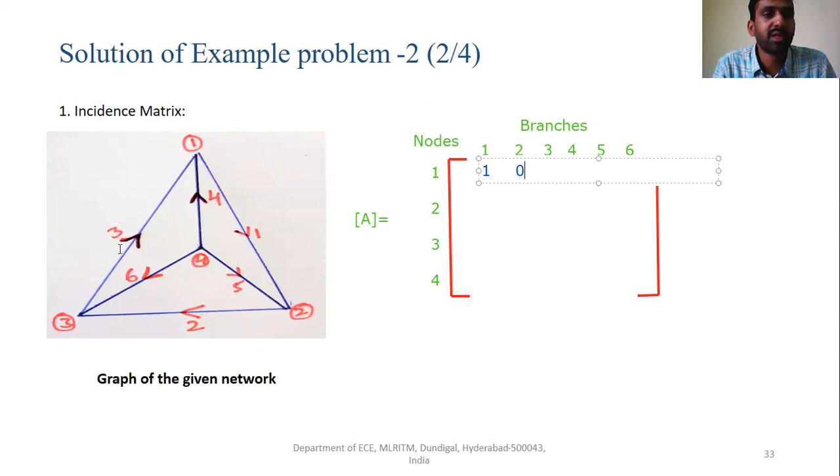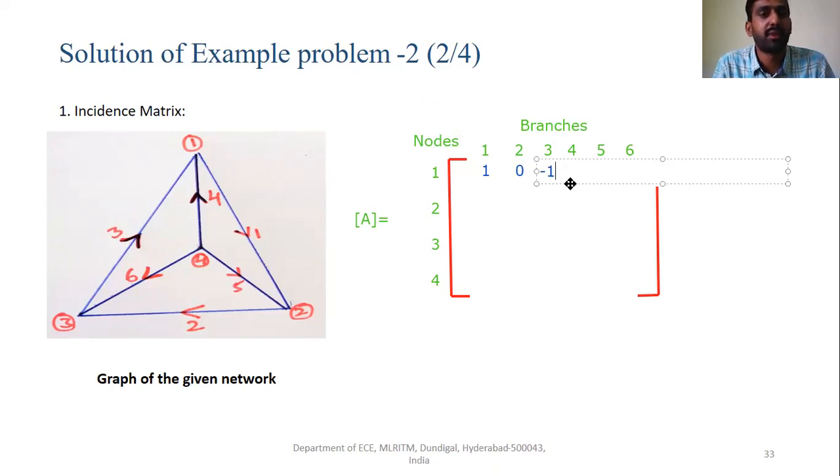The branch number 3 is incident to node 1 and the direction is oriented towards node 1. You can observe the same thing here. If it is towards node 1, the element is going to be -1 here.